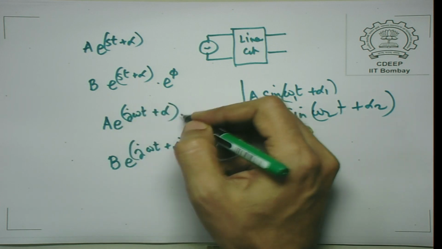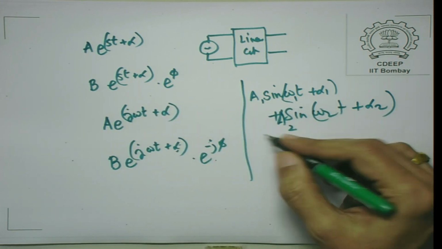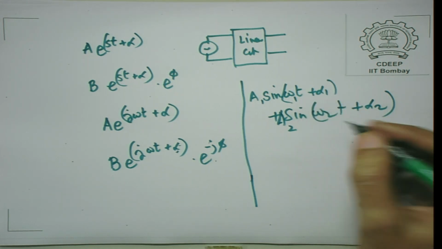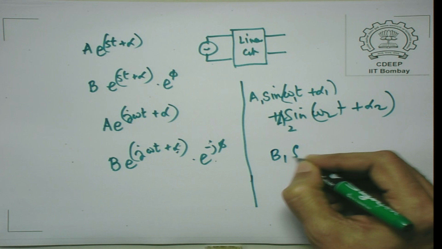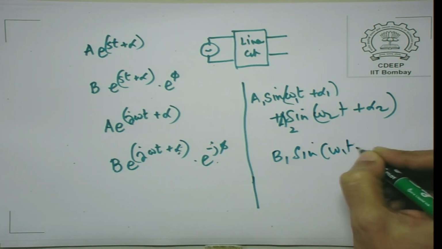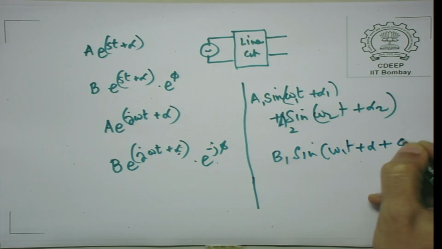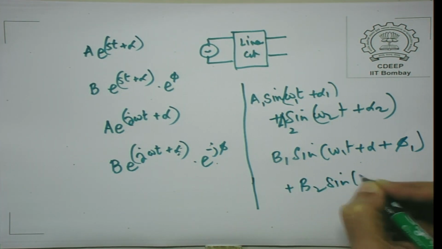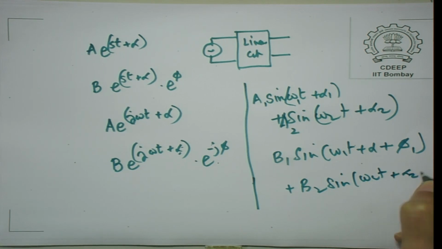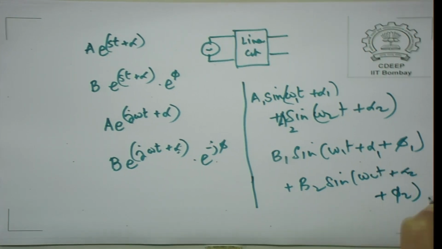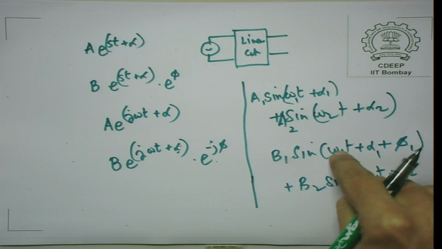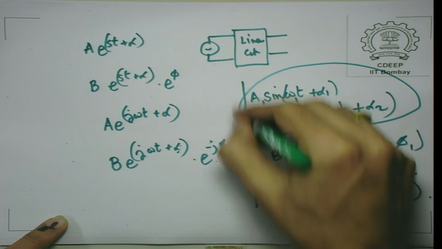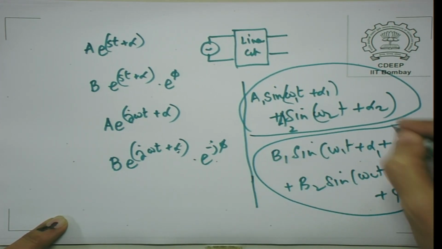So, if you have inputs of this kind, the output is b1 sin omega 1 t plus alpha plus or minus phi, and b2 and so on. So actually you will see that the wave shape of each individual component is preserved, but when you see the wave shape of this composite term, it may not be preserved.